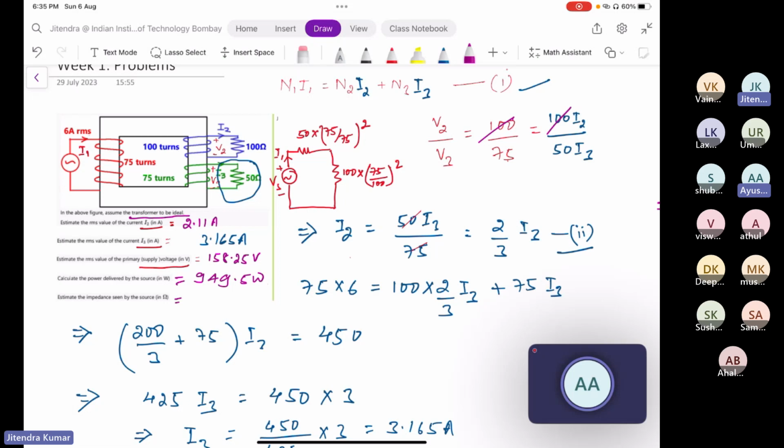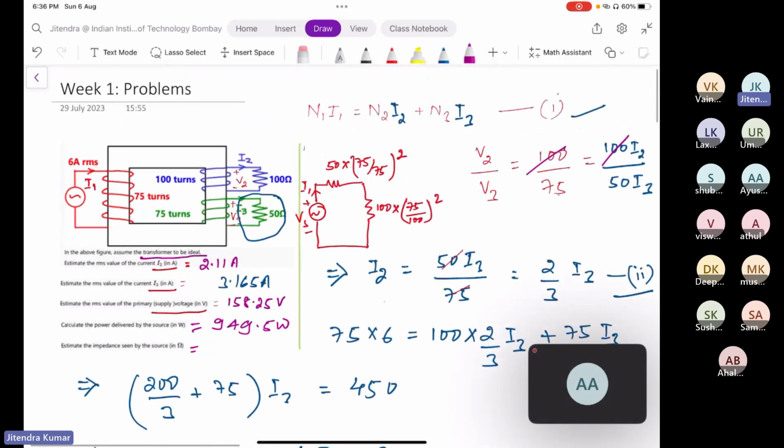But sir, both values I am calculating are totally different from what you have calculated. How is that, sir? Okay, let me get your question first.